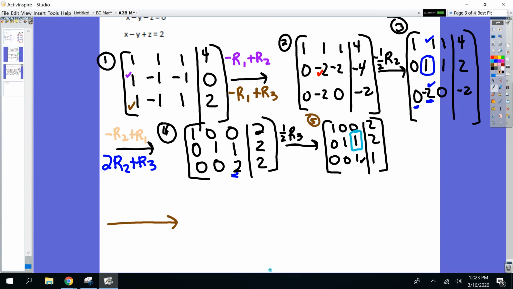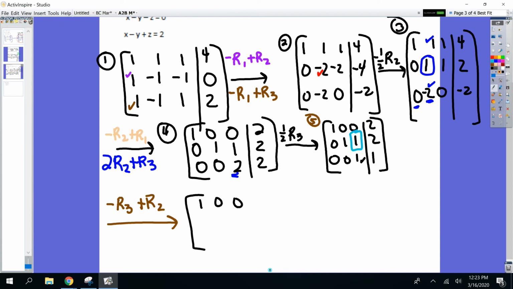I can take row 3 and add it to row 2. I'm sorry, going back. Yeah, I'm good. Negate row 3 and add it to row 2. Okay. So when I do that, nothing's going to change here.